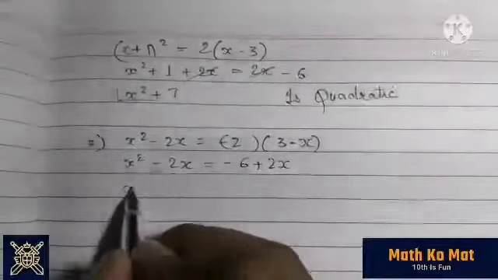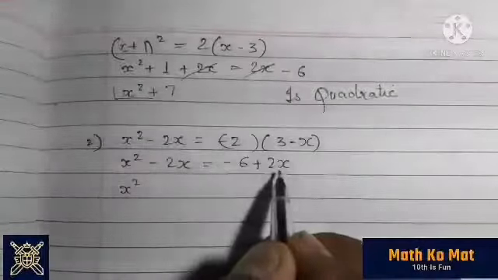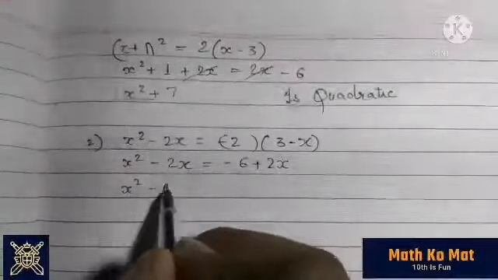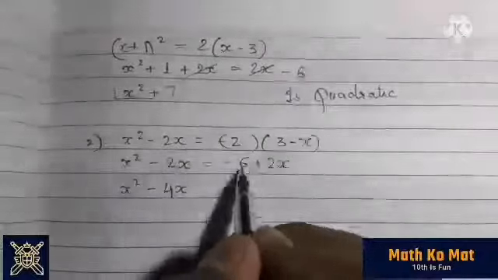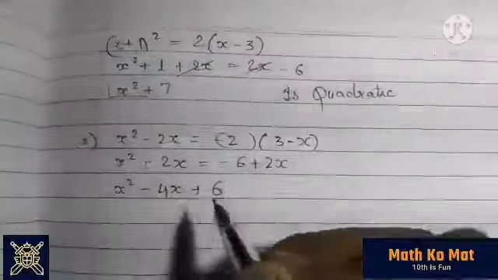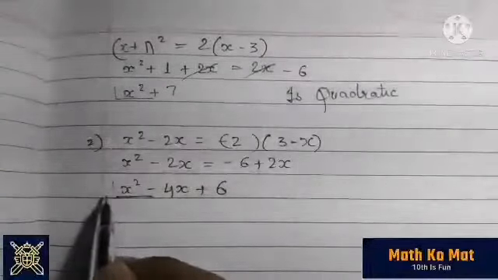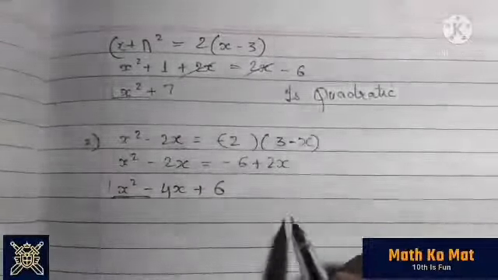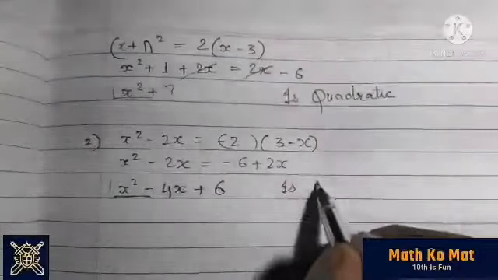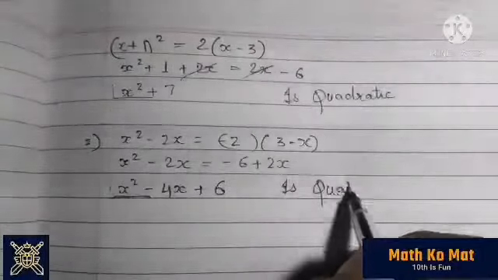Now here you have x² − 2x − 2x, so −4x, and here −6 will become +6. As you can see, here you also have an x² term and the coefficient is not 0 but some whole number. Therefore this equation is quadratic.